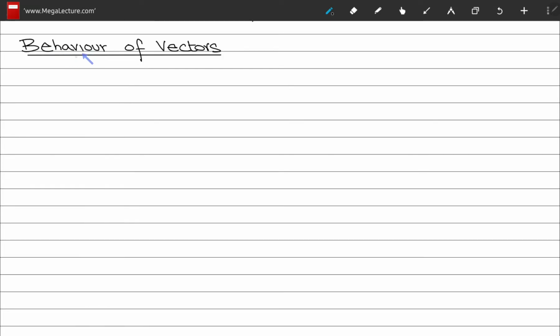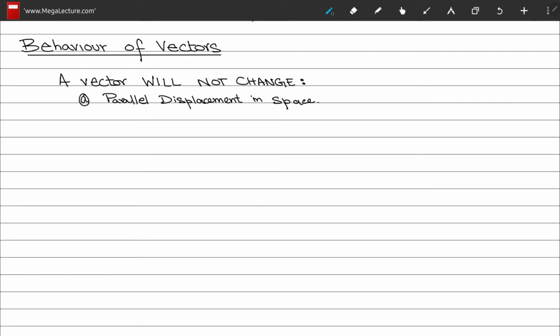Moving on, let's talk a bit about the behavior of our vectors. Starting with this: a vector will not change if it is displaced parallel to itself in space.